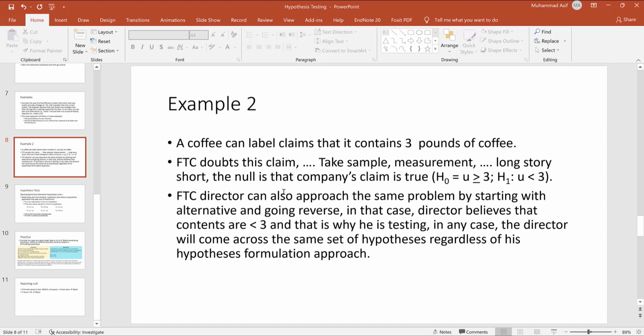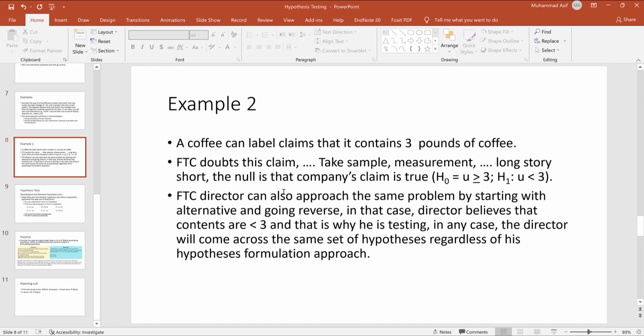But of course they are not sure, and the only available thing for them is that they can take a sample and test it, and based on those tests the FTC can make an inference about the broader population.